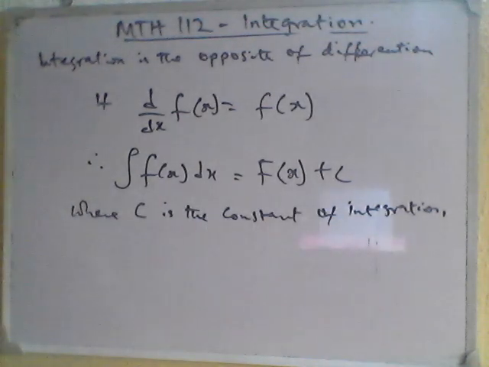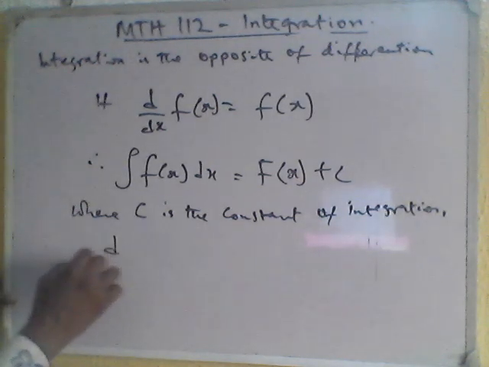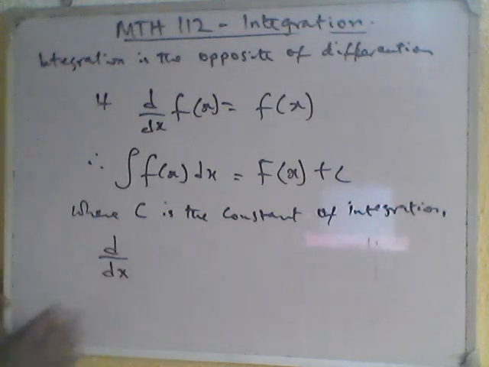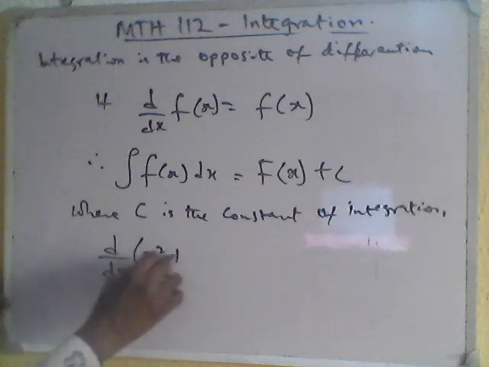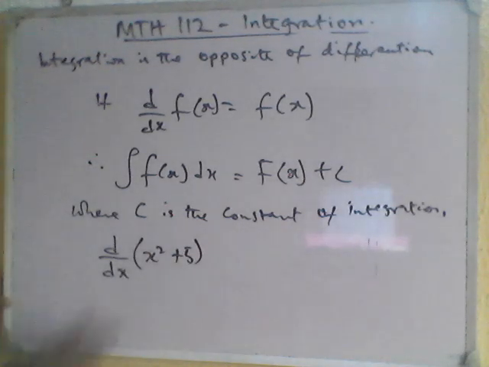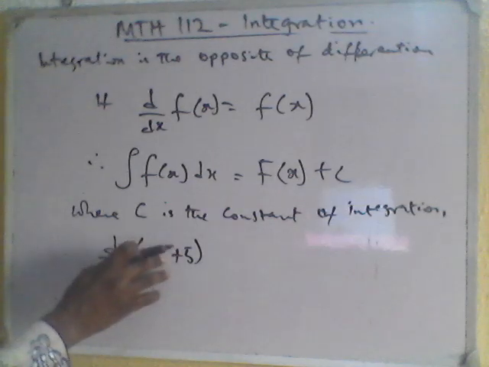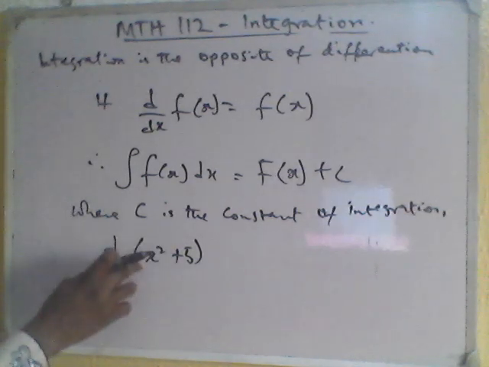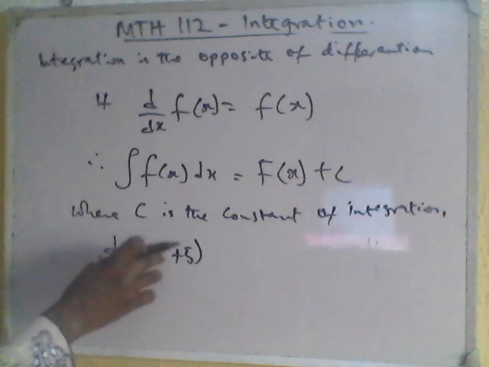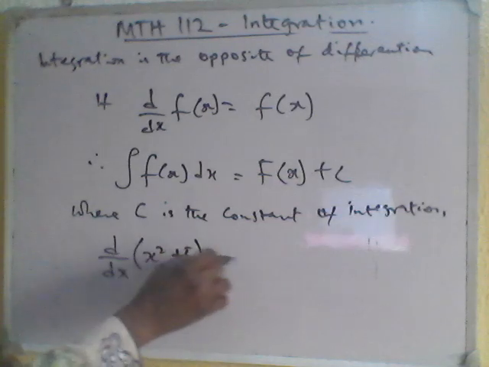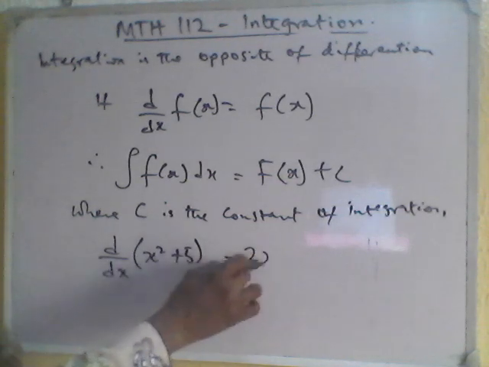Okay, so let's take an example. If, for instance, we are to differentiate this, remember differentiation, d dx of this function, x squared plus 5. The answer for this is, I differentiate this x, this power 2 would multiply the coefficient 1, and this same power will reduce by 1. So the answer for this differentiation is 2x, right?